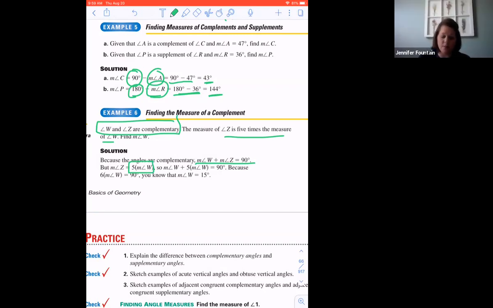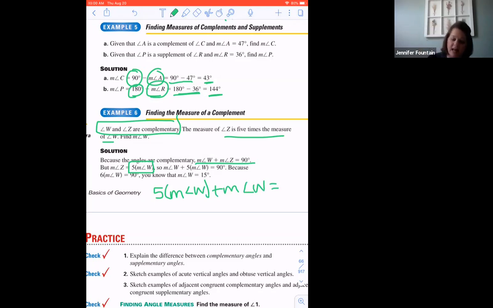So the measure of angle W plus 5 times the measure of angle W is 90. Think about this for a minute.